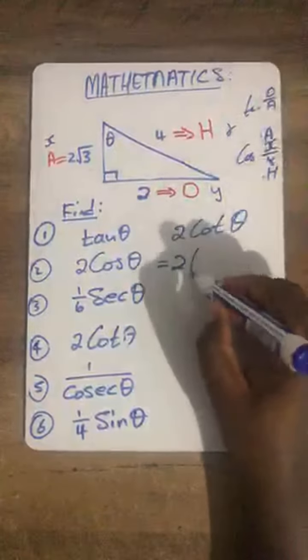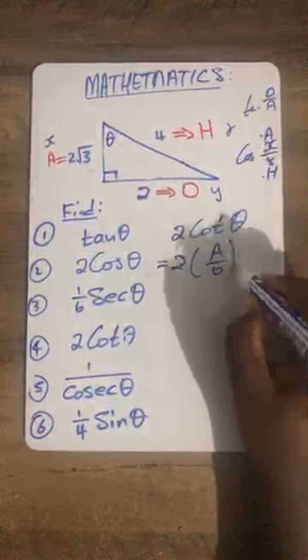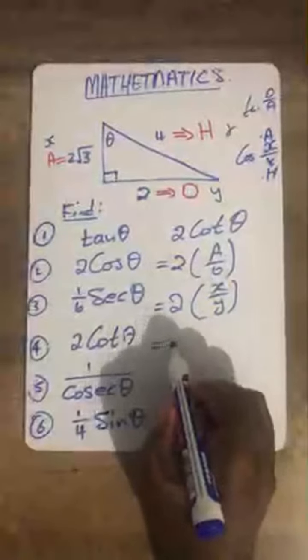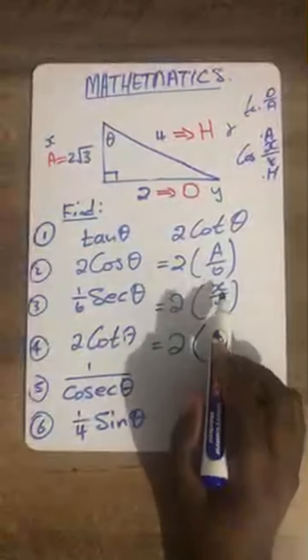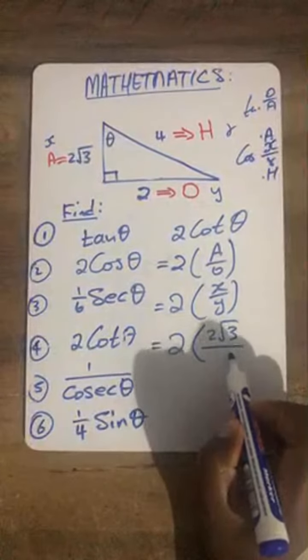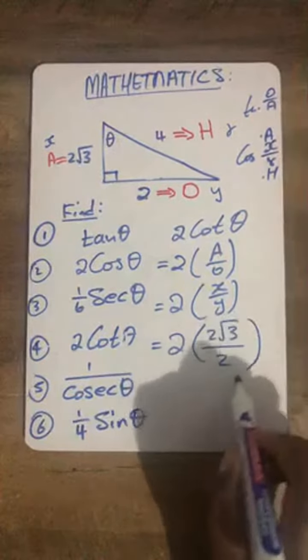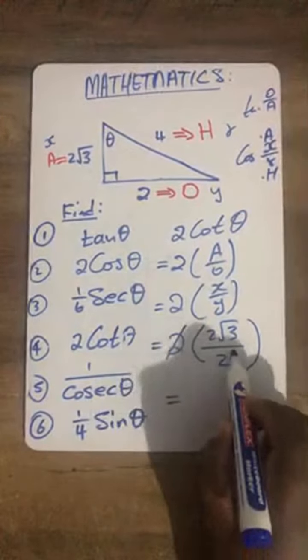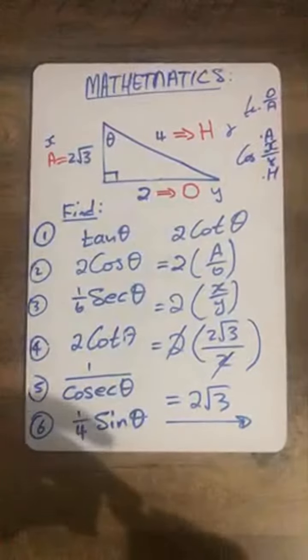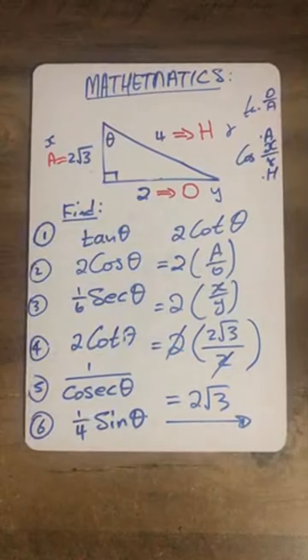So cot is adjacent over opposite, which is x over y. What is adjacent? It is 2 root of 3. That cancels with that, and then you have 2 root of 3. Yes, you are correct in saying 2 root 3. Okay, that one is fine.